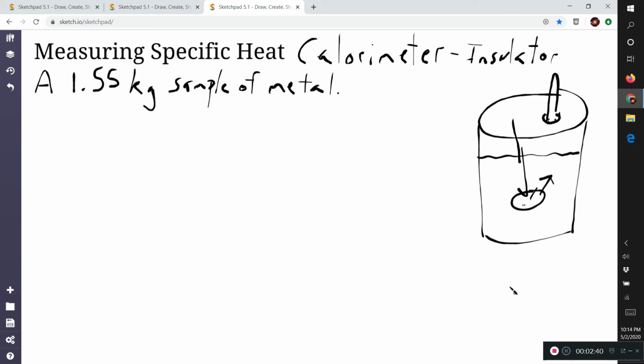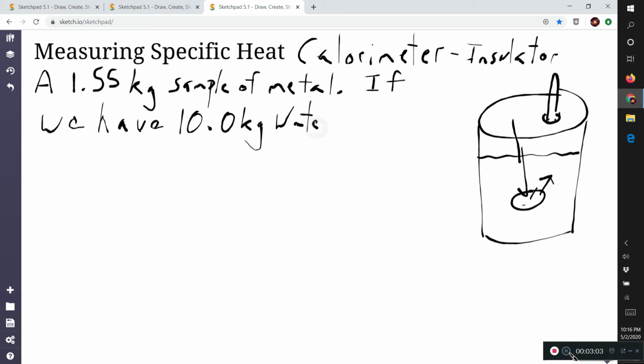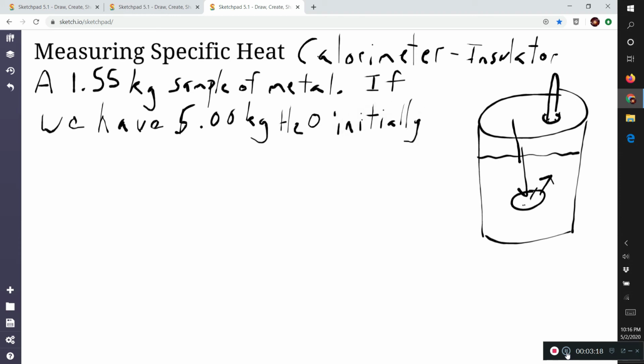So, let's say we have 10.0 kilograms of water. Oh, that's way too high. So we'll go with 5.00 kilograms of water, initially at 12.0 degrees Celsius.